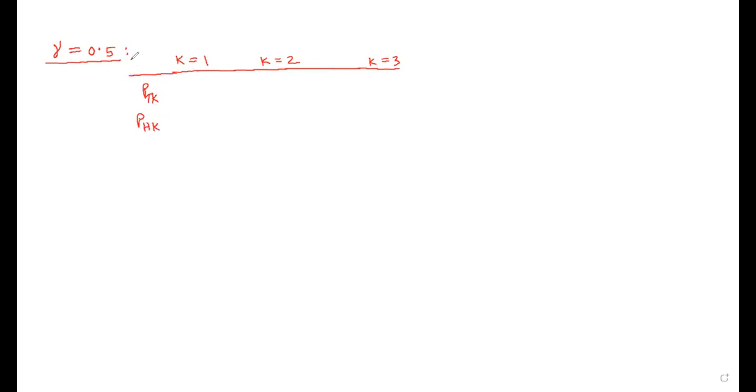For K equals 1, what is my demand? The demand is around 350, so PD1 is 350. For K equals 2, PD2 is probably 680, probably all these in megawatts. And K equals 3, PD3, is maybe around 550.